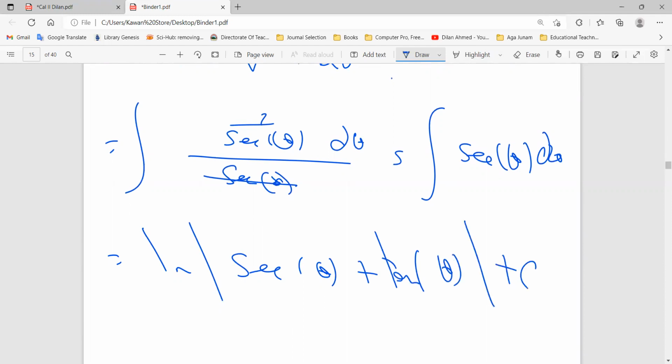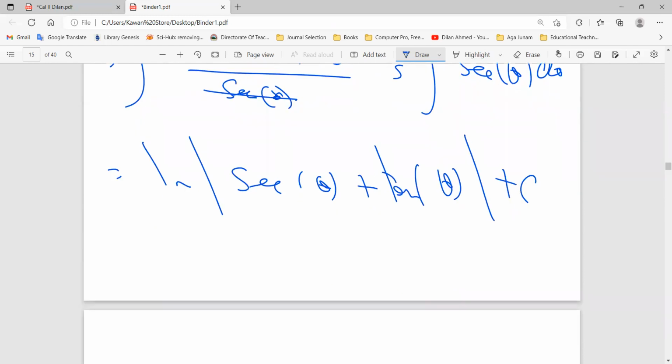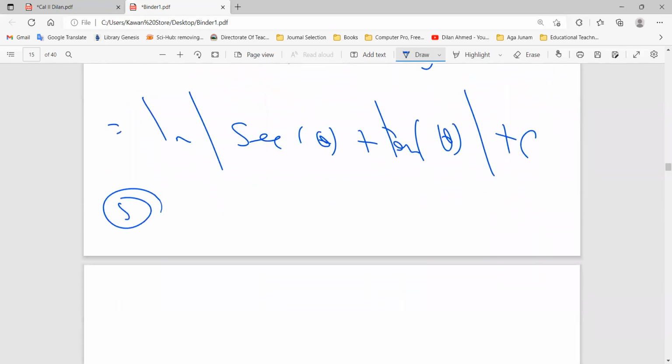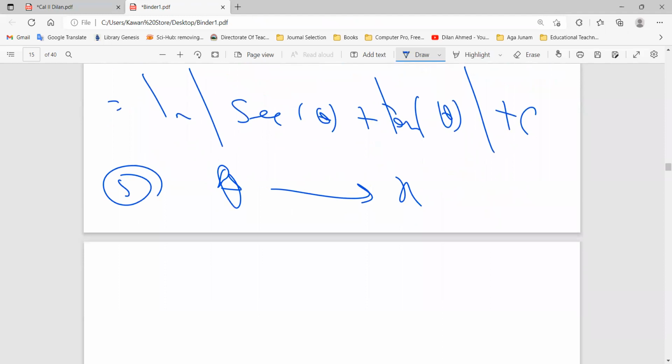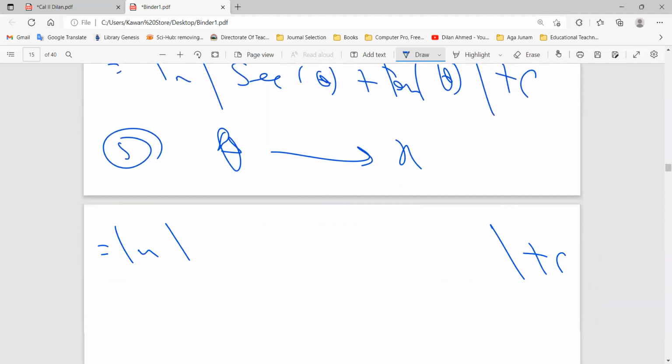That's why I told you 8.1 is basic, used many times. So fifth one, am I right? It is equal to ln of secant plus tan plus c. Secant theta is equal to what?